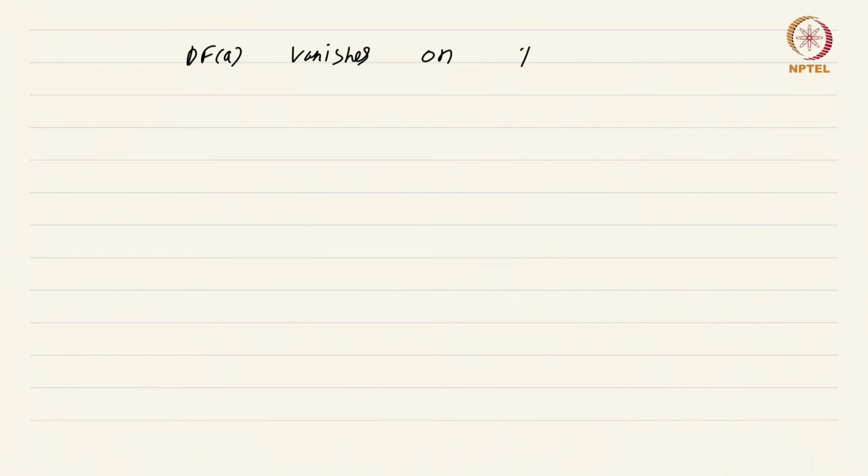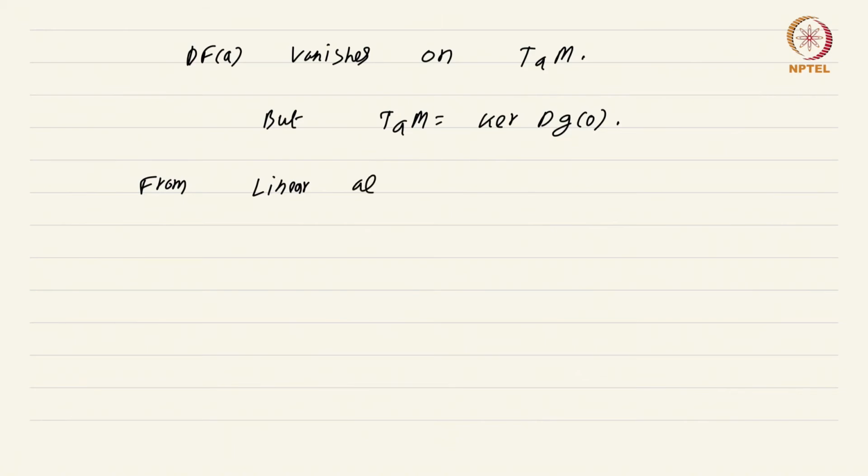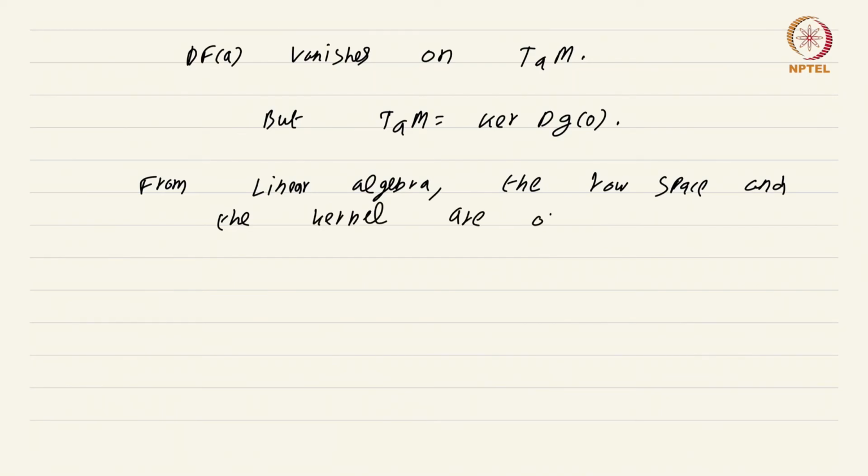on TA M. But there are several ways of expressing this tangent space. Another way is to express it as the kernel of dg at A. Now we are going to use an elementary fact from linear algebra: the row space and the kernel are orthogonal complements.